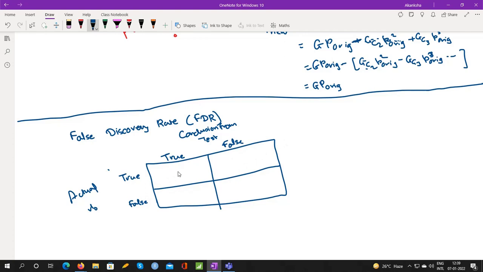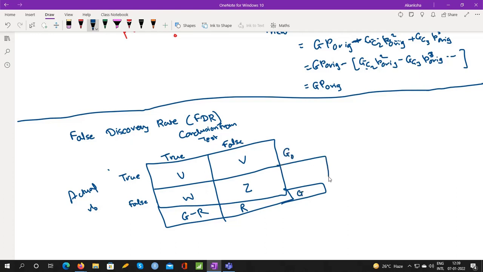Suppose these are U, V, W, Z, and I call this R, this is G minus R, so the total is G. Out of them, let this be G naught, so this would be G minus G naught.